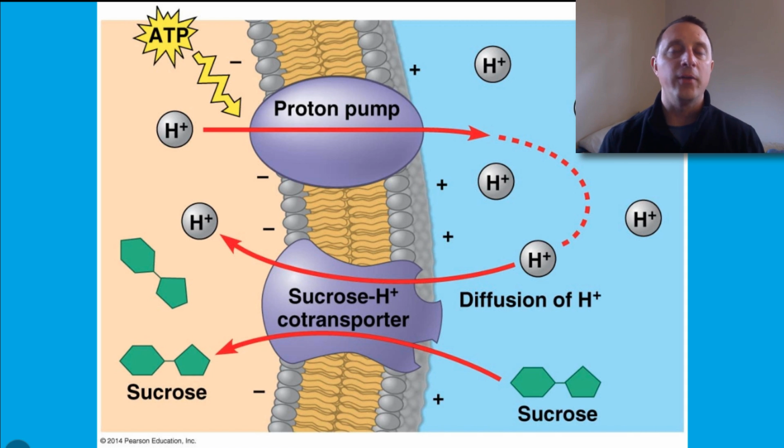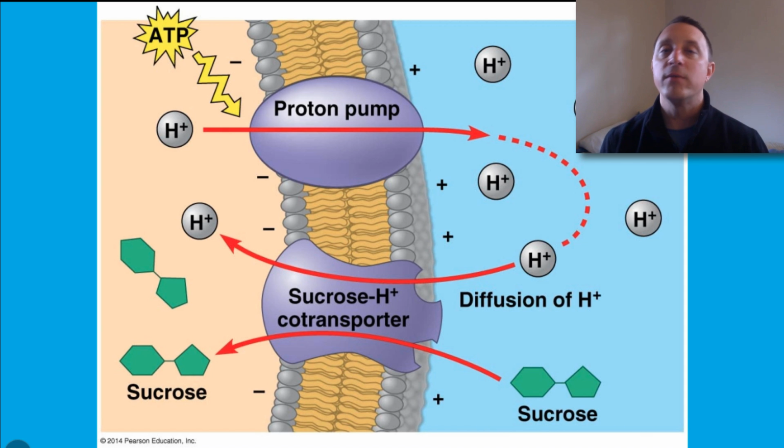So here we have our active transport of protons, right, through our proton pump. So that is using ATP to pump these protons from the cytoplasm out to the extracellular fluid outside of the cell, and that sets up this hydrogen ion gradient where we are high outside the cell and low inside the cell.